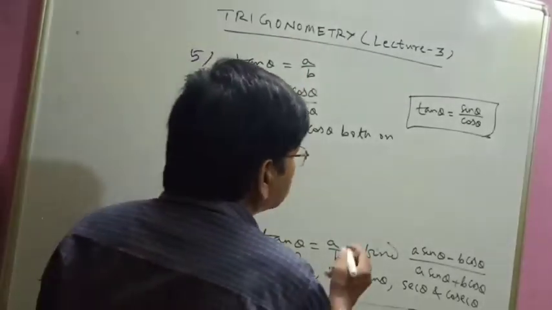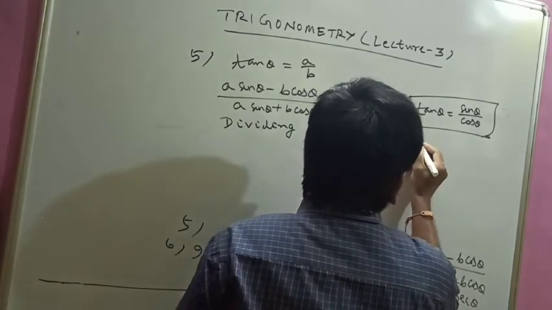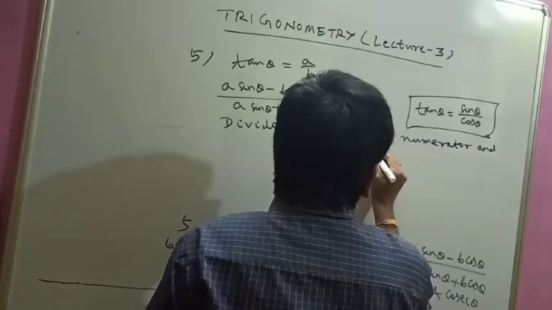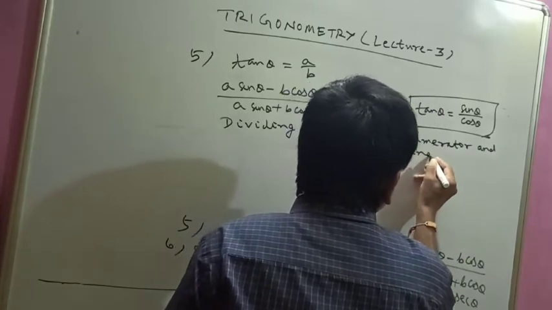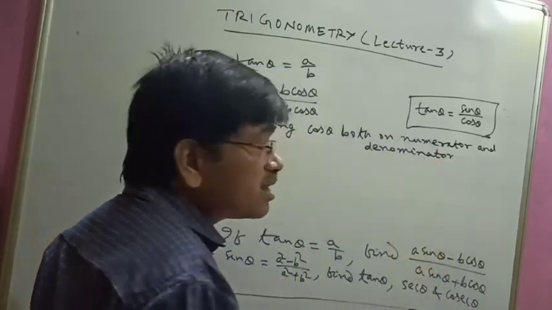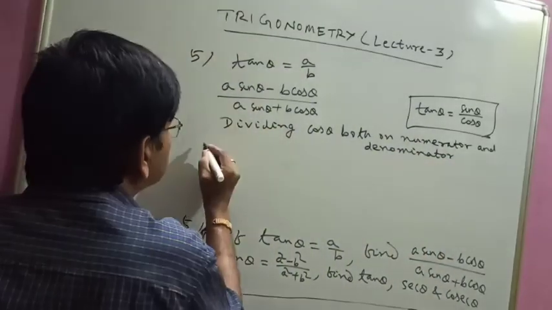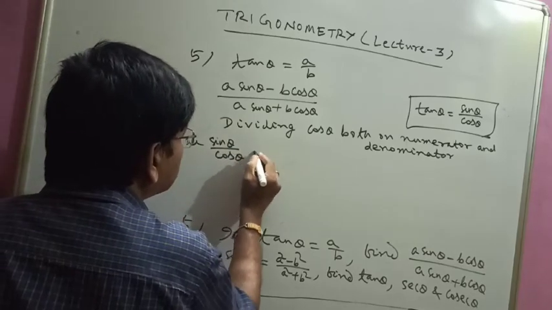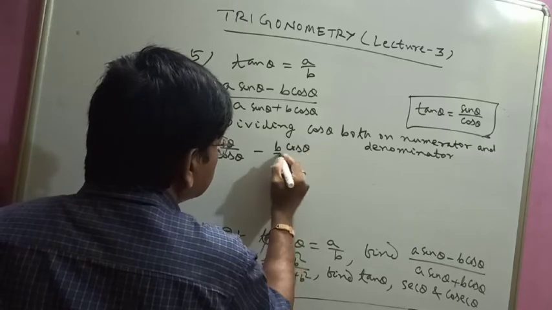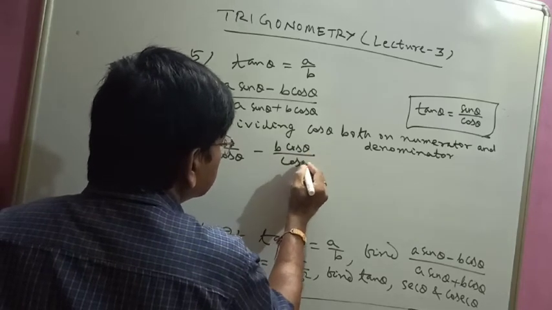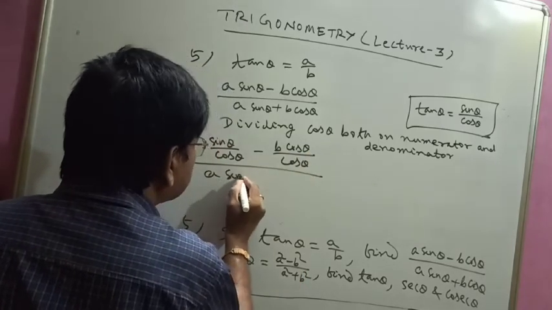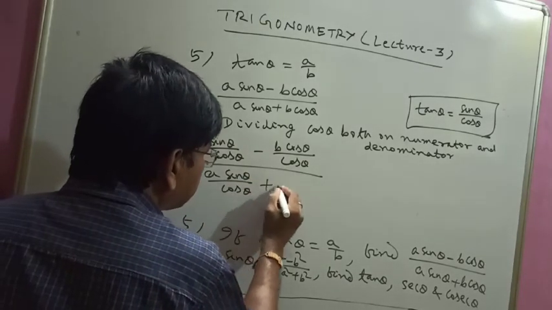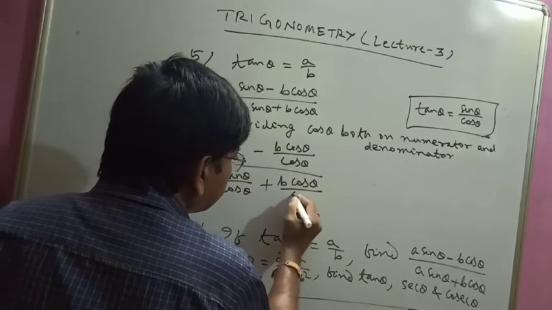So, dividing by cos theta both on numerator and denominator. In Odia, numerator is called lava, denominator is called hara. So now this becomes a sin theta divided by cos theta minus b cos theta divided by cos theta, and the denominator a sin theta divided by cos theta plus b cos theta divided by cos theta.